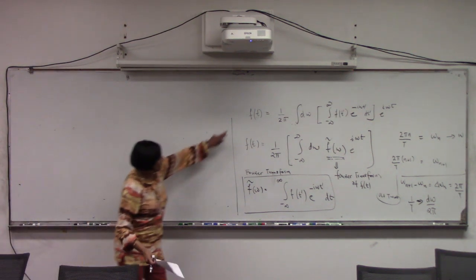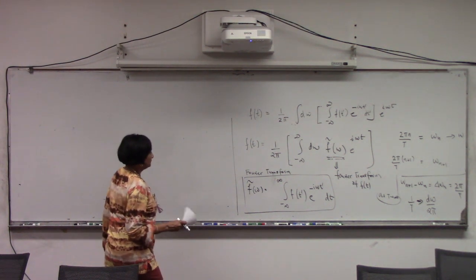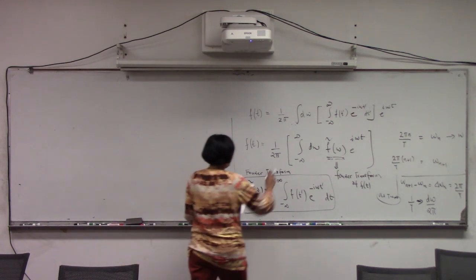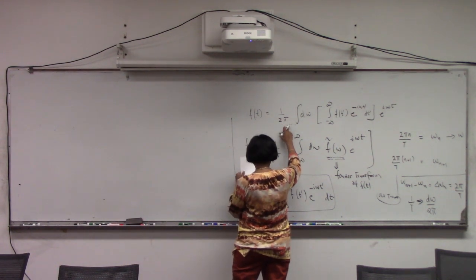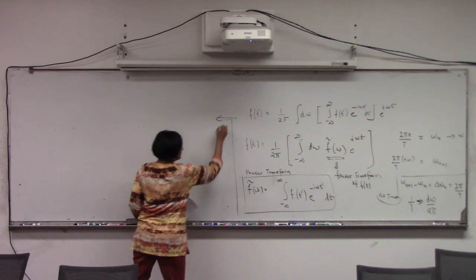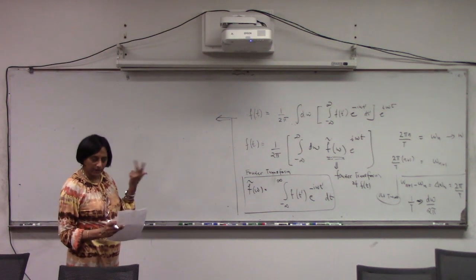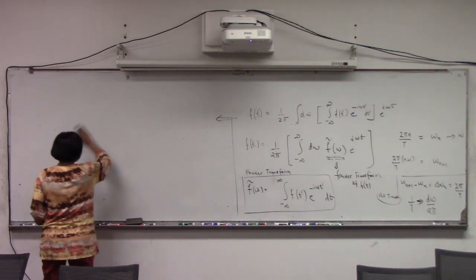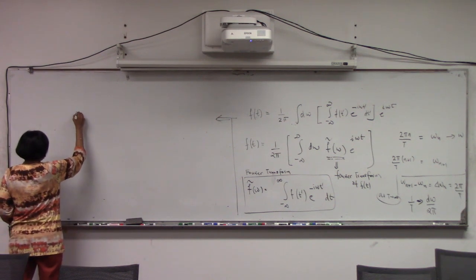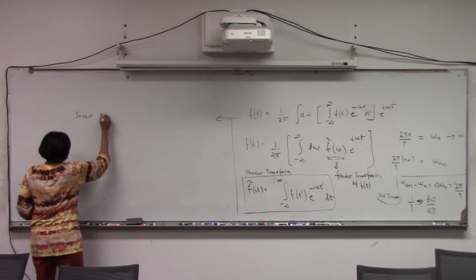So that's what we got from the complex Fourier series. All right, so if I go back to this definition and look at this, I'll invert the order of integration. I can always do that. Whenever you have a double integration, you can always play with these things. Invert the order of integration.